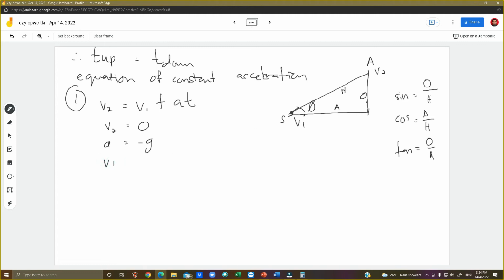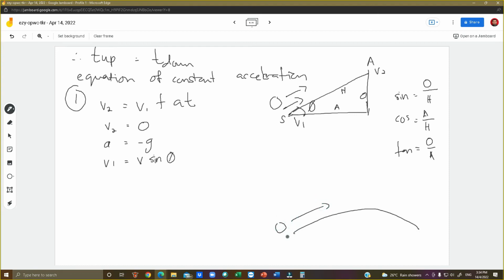Okay, and then V1. Can we have V1? Yes. V1 will always be V sin theta. Kenapa V sin theta? When an object moves in a projection, projectile, it will move macam ni kan? It will move upwards.